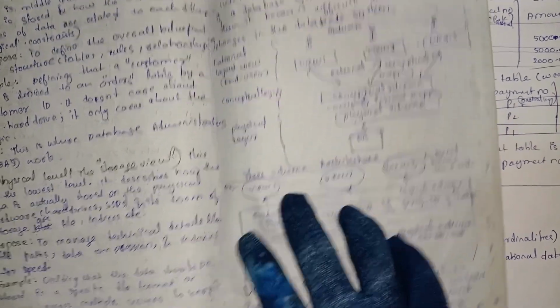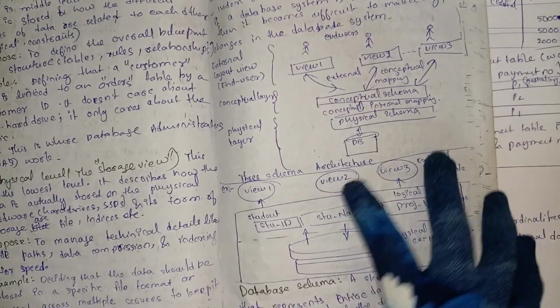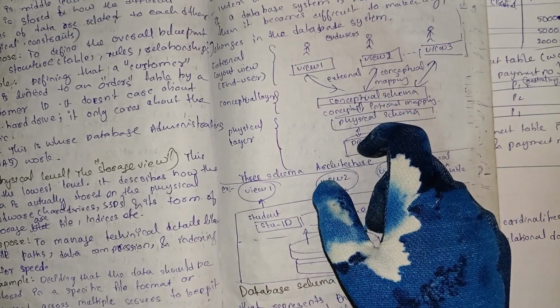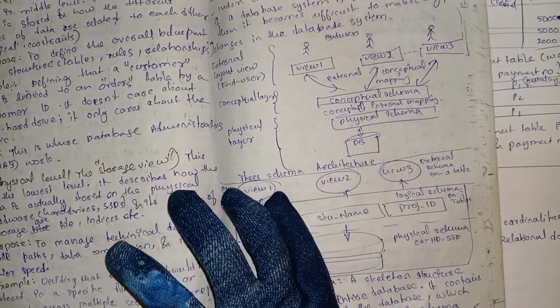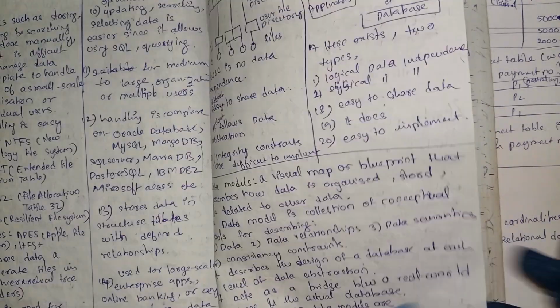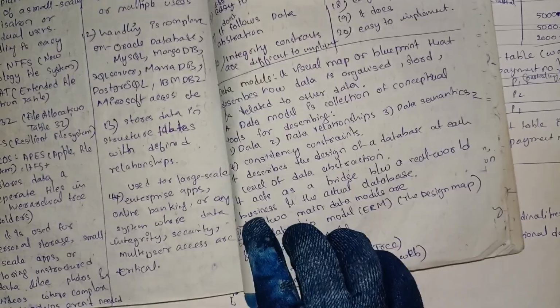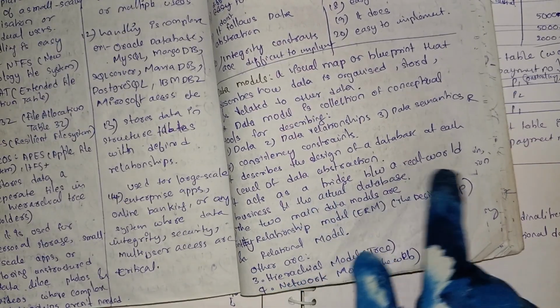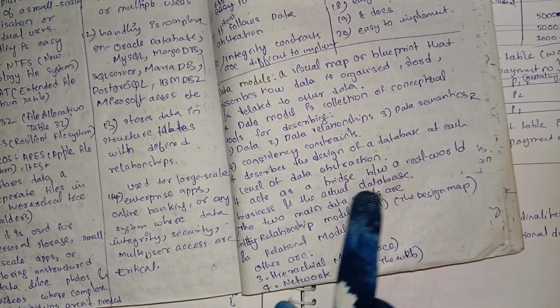So the data stored in these levels is designed through data models, and it acts as a bridge between the real world business and the actual database.